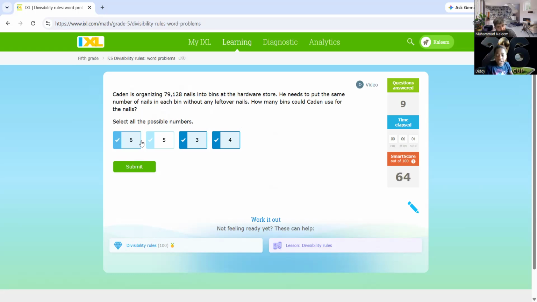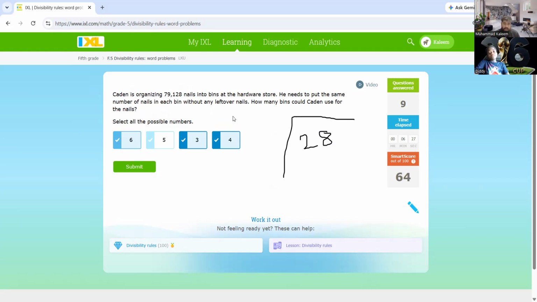What did you say? I said there is no need to divide it completely. This whole number we don't need to completely divide by 4. What we have to do is just check the last two digits. I'm talking about 4, not about 6. You're already good in 6 and 3.